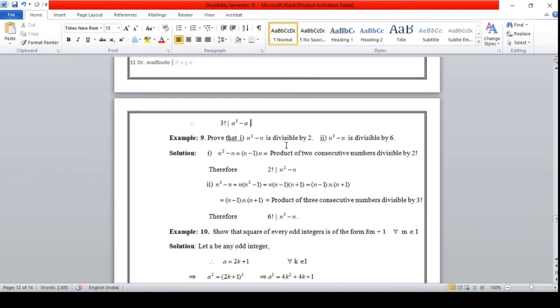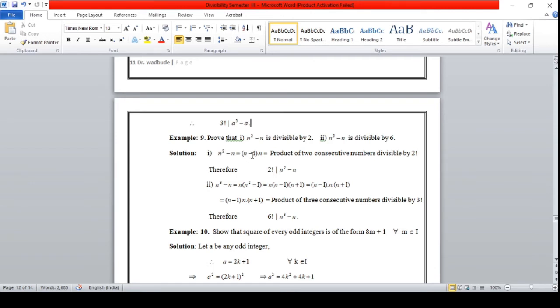Hi friends, now next example number 9. Here two parts are given. Prove that the first part, n squared minus n, is divisible by 2, and the second part, n cubed minus n, is divisible by 6. First part: n squared minus n is equal to n times n minus 1, the product of two consecutive numbers.